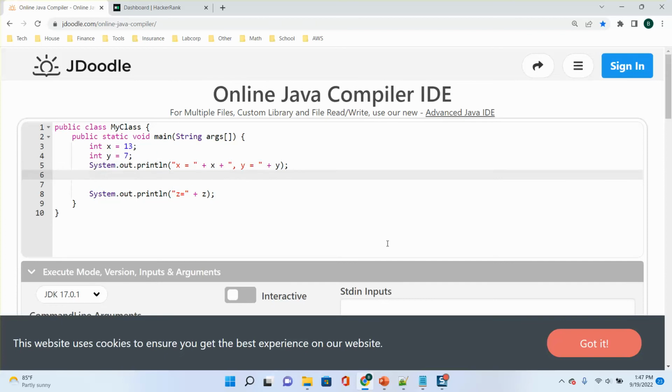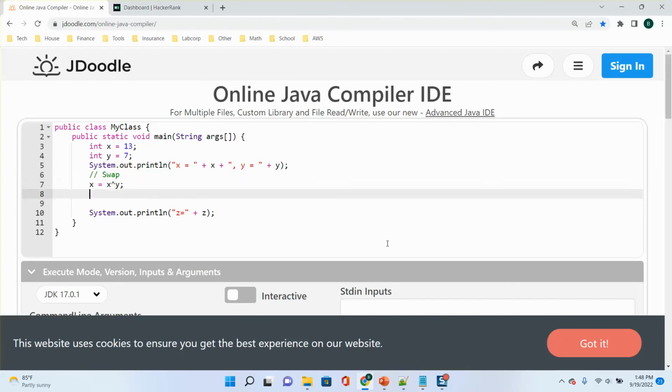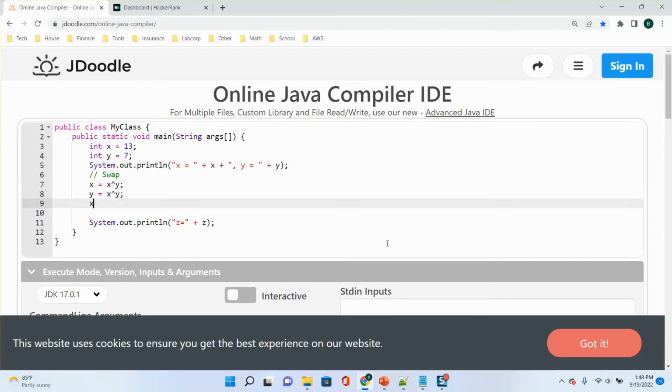Now let's do the swap. The following code only has 3 lines, but it's very important. x equals x exclusive OR y, y equals x exclusive OR y, and x equals x exclusive OR y again. The 3 lines.